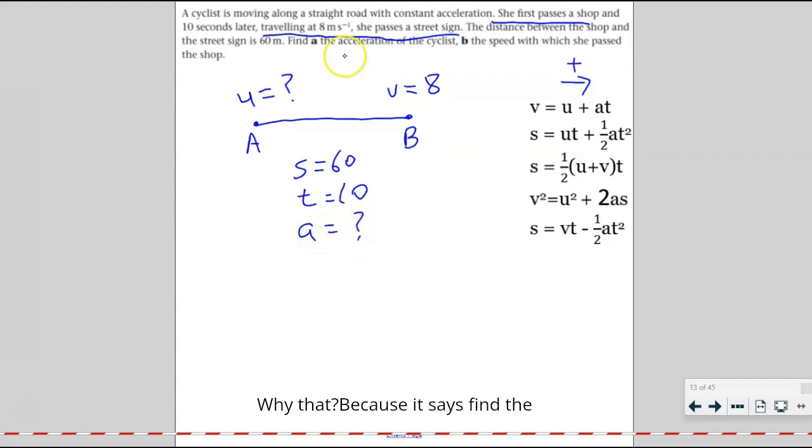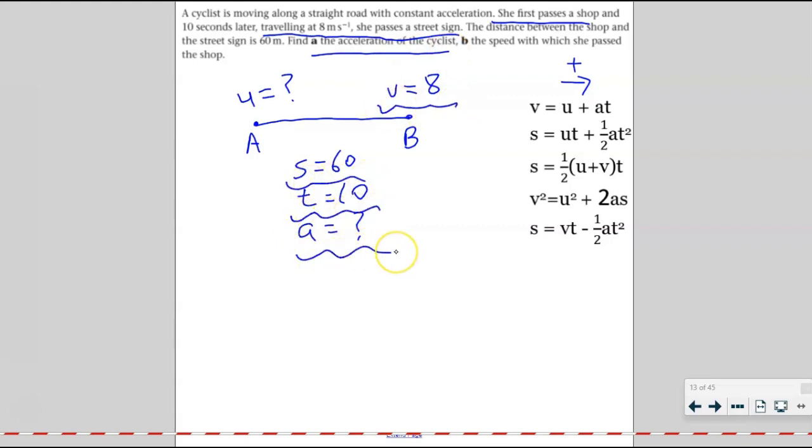My bad. Yeah, because it says find the acceleration. So we can use, we need v, s, t, and a. Right, so v, s, t, and a. We can use the last formula here.